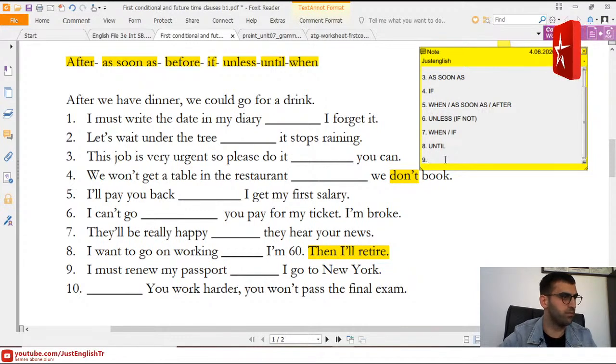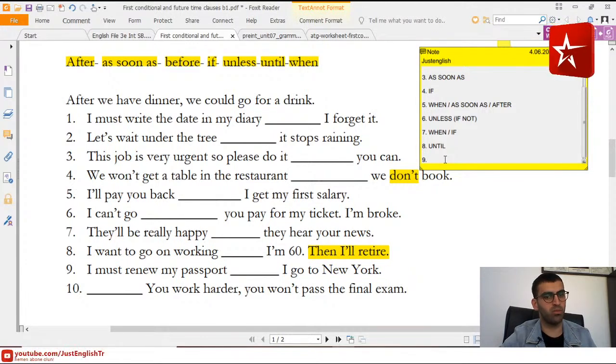Number 9, I must renew my passport, blah blah blah. Okay, Leyla, Gülsafa and Tuko answered in the same way. They say the correct answer is before.